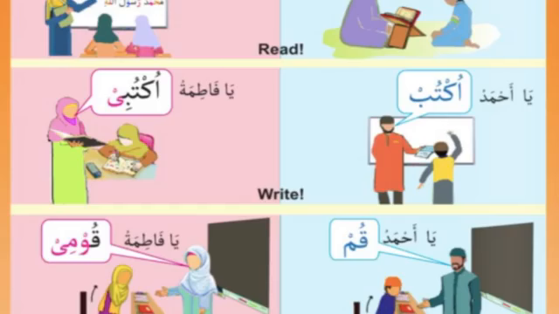So in the picture, Ya Fatimatu, O Fatima, uktubi, write. O Fatima, write. All right. So when we command a boy or a man or a male to write, we say uktub. When we command a girl or a woman or a female to write, we say uktubi. All right.